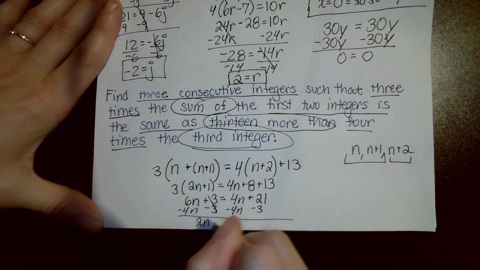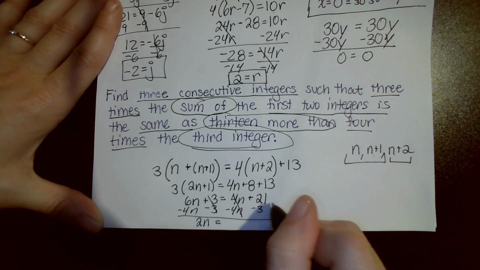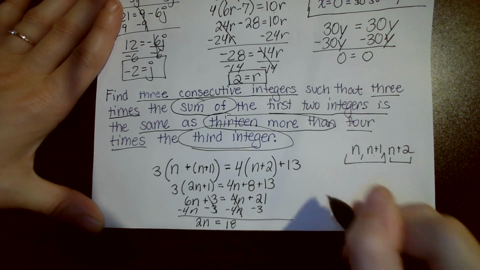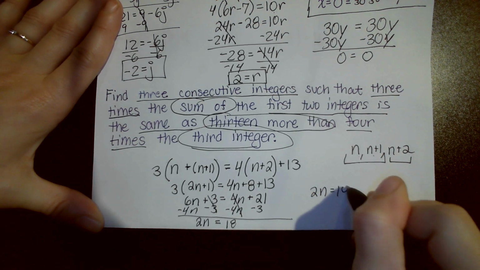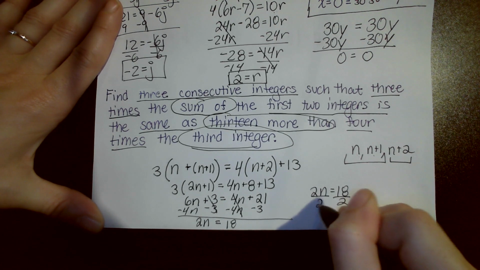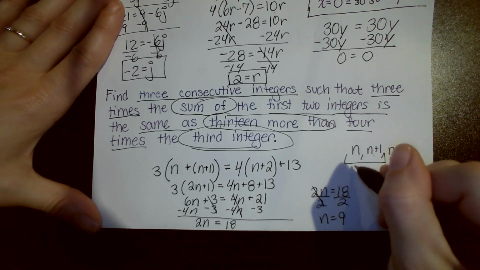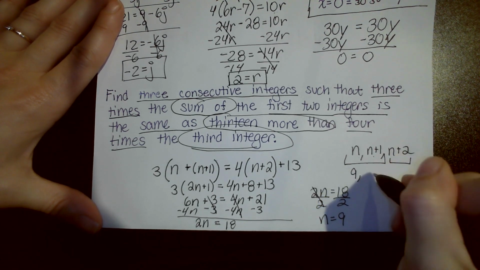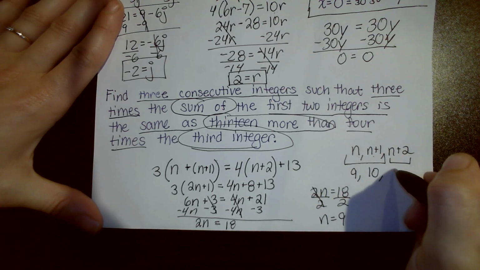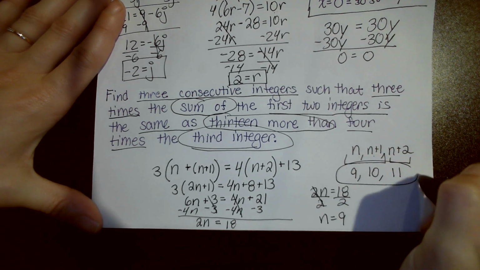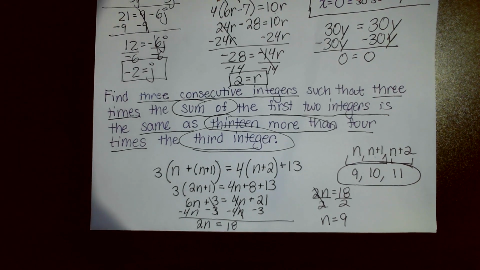So 2n equals 18. 2n equals 18, so divide by 2, n equals 9. So if n equals 9, n plus 1 is 10, n plus 2 is 11. That would be your final answer. Those are your 3 consecutive integers.